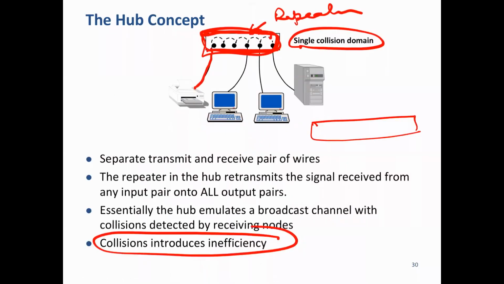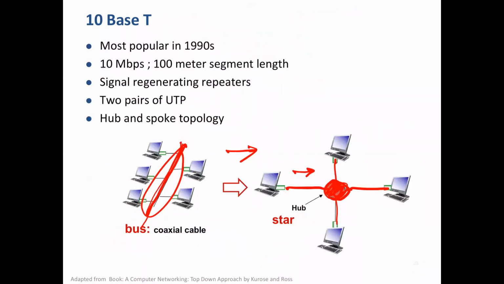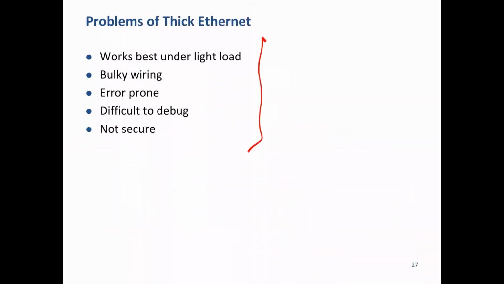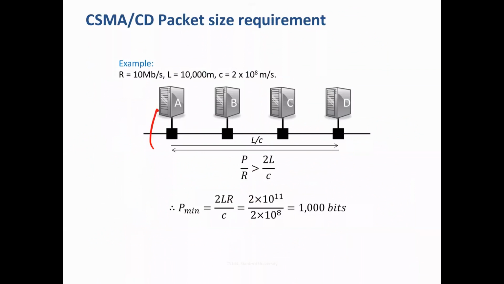Even in this case, how will anybody know that a packet is for itself? This machine is sending a packet to D, for example. It will have a destination address corresponding to D, a 48-bit address. How will D know it's for itself?